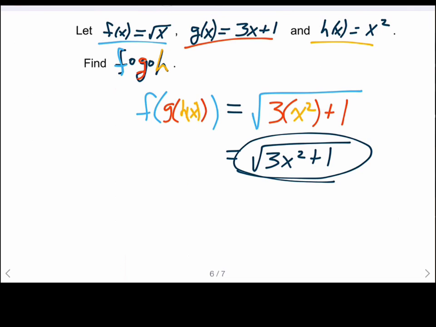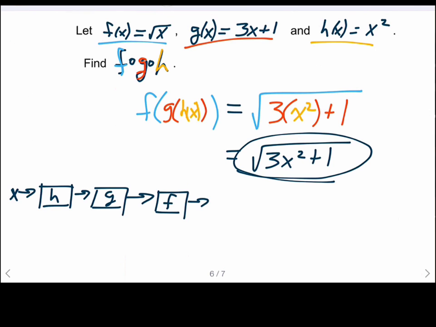That's it. Now we aren't asked to find the domain in this case, but if we were, looking at this from a machine diagram standpoint, any particular input value would first go into h, and then into g, and then into f, and that output value would be f of g of h of x.